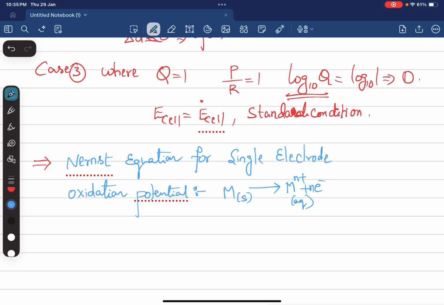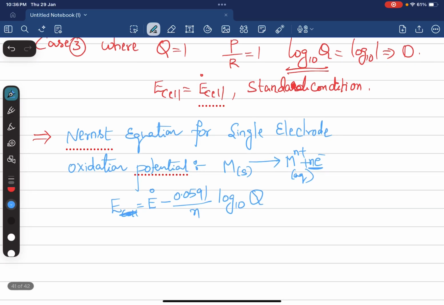So this is an oxidation process. So how to write it? For a single electrode, E half cell equals E naught minus 0.0591. Here how many electrons are lost? n electrons, so we take it as n, and log base 10 Q.